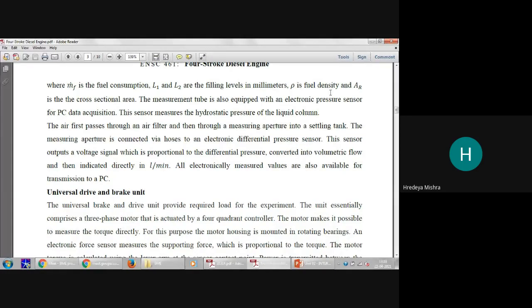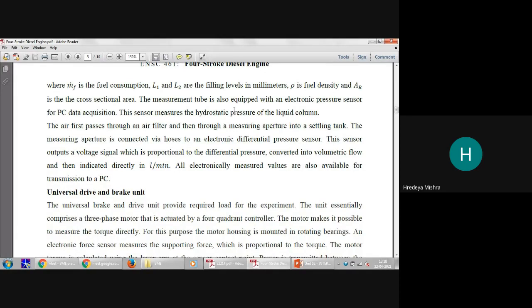Rho is the fuel density. AR is the cross-sectional area. The measurement tube is also equipped with an electronic pressure sensor for the PC data. The sensor measures the hydrostatic pressure of the liquid column.